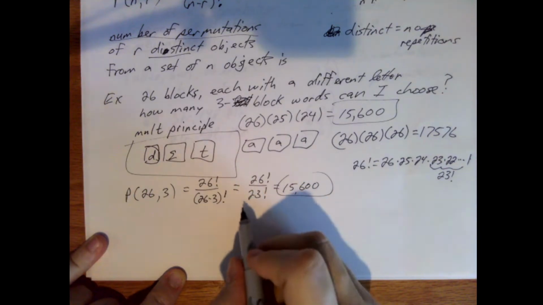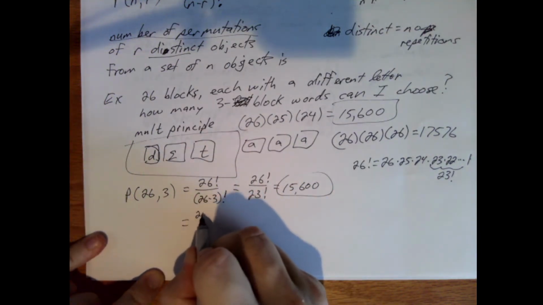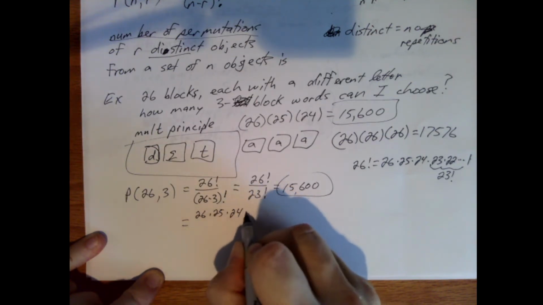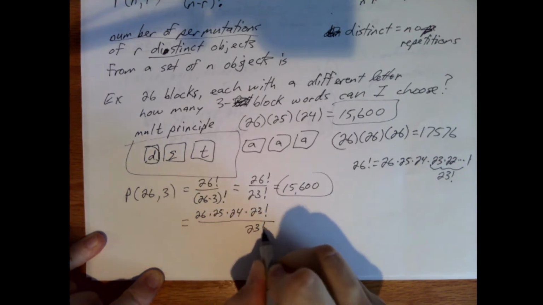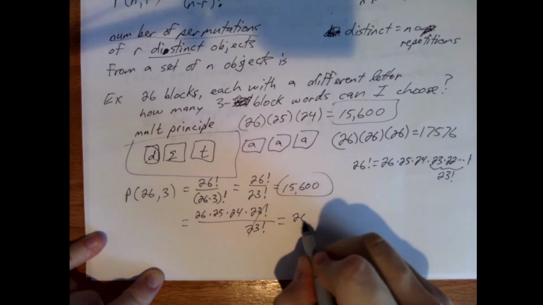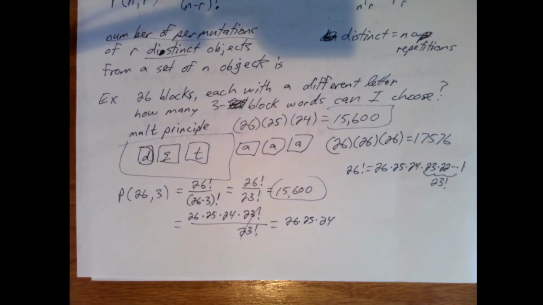So that means what we wrote here is 26 times 25 times 24 times 23 factorial divided by 23 factorial. Well, these cancel out, which means all we have left really is 26 times 25 times 24. Okay?